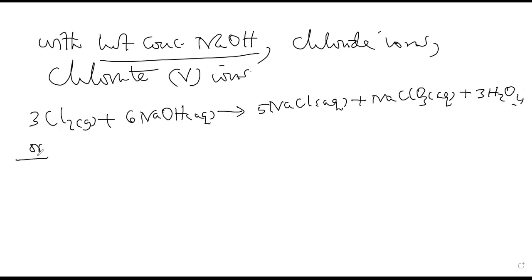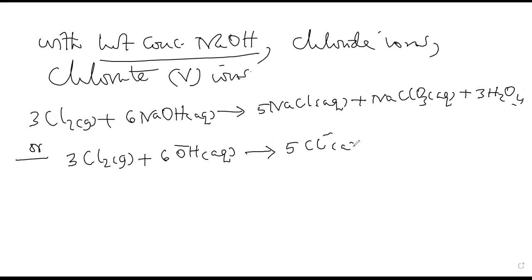Or you can write this equation as chlorine plus 6 hydroxide ions, giving you 5 chloride ions, plus chlorate ions, and water.